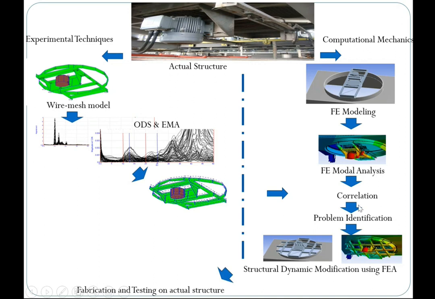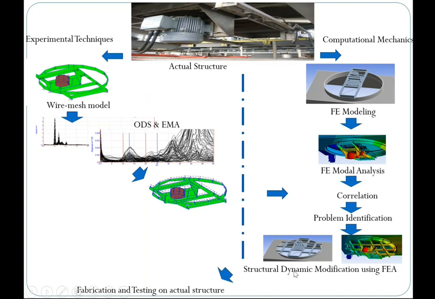Knowing the problem, probably a dynamic weakness, and you have very flexible bending motions at this motor support. If you can perform a modification strengthening this motor support itself, then probably you can shift the natural frequency away from its excitation frequencies, rectifying the resonance or structural dynamic weakness issues.